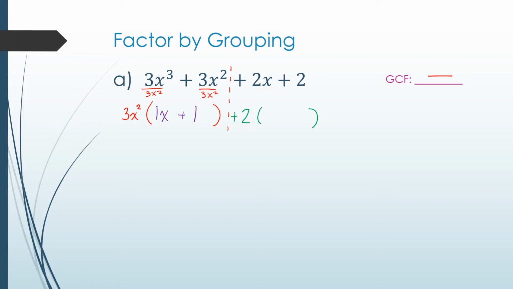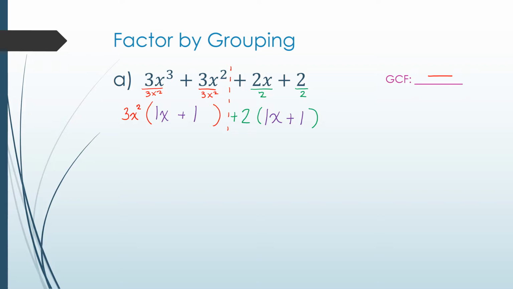And just like before, we're going to factor out, or divide both of these terms by, 2. Well, 2 divided by 2 leaves me with 1. And x doesn't divide with anything, so we still have an x there. Last, we have 2 divided by 2, and that reduces to 1.